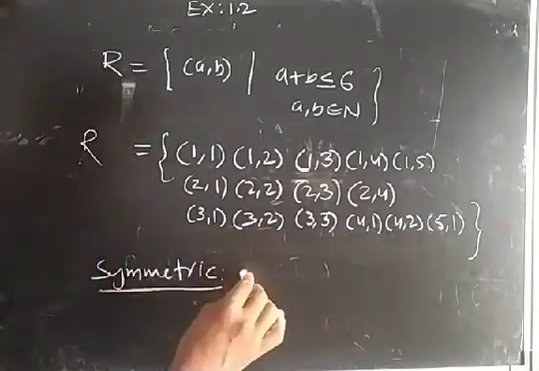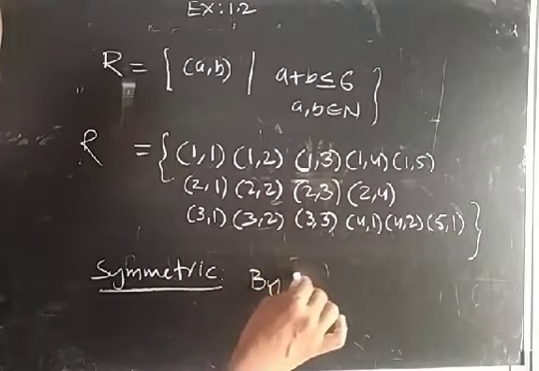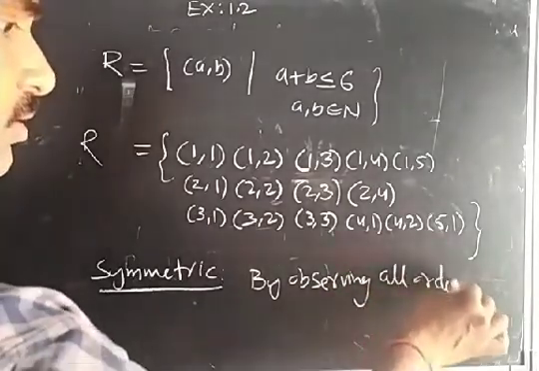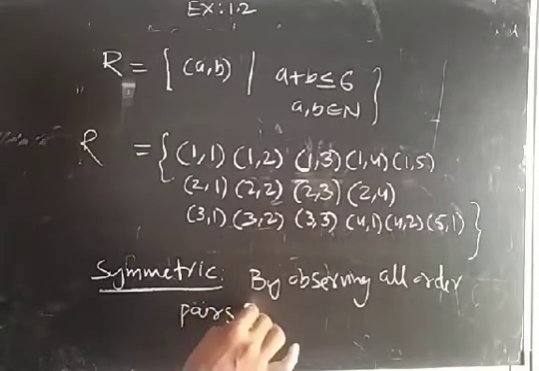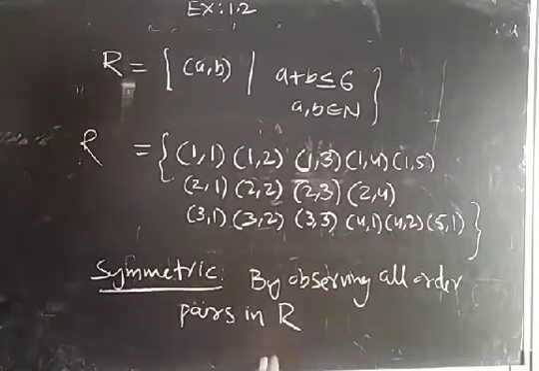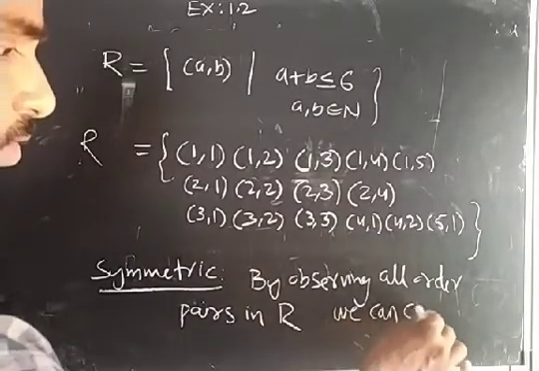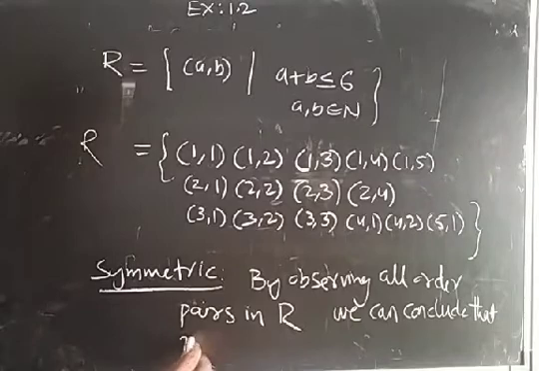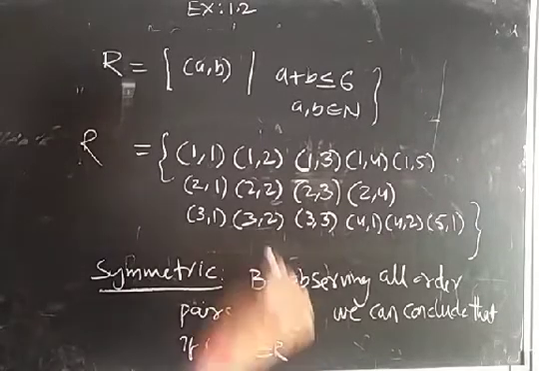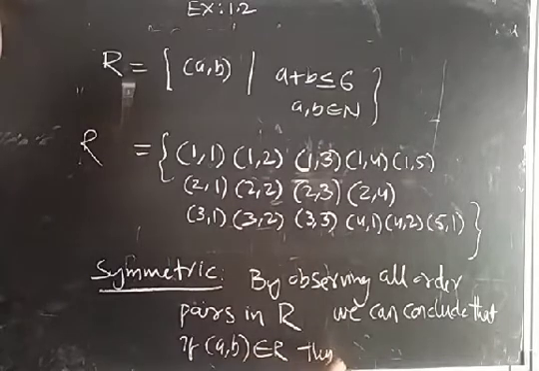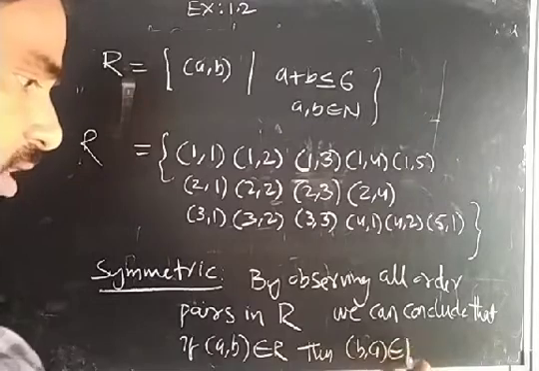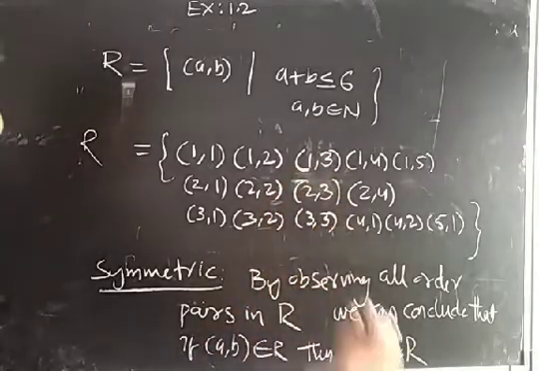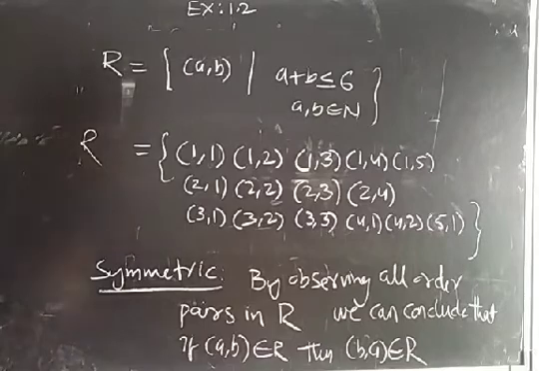So here you can write: by observing all ordered pairs in R, we can conclude that if (a, b) belongs to R, if any ordered pair I take in R, by interchanging the coordinates, (b, a) also belongs to R. For every ordered pair, if any ordered pair exists in R, you interchange the elements, again that ordered pair also belongs to R. Therefore R satisfies the symmetric condition.